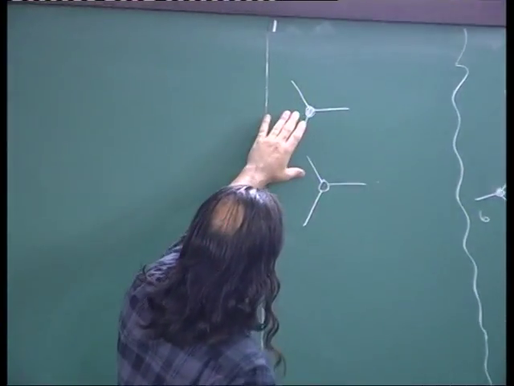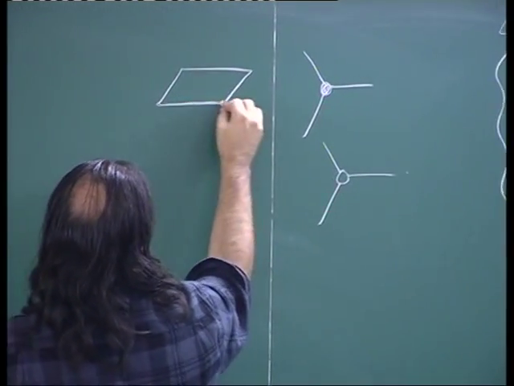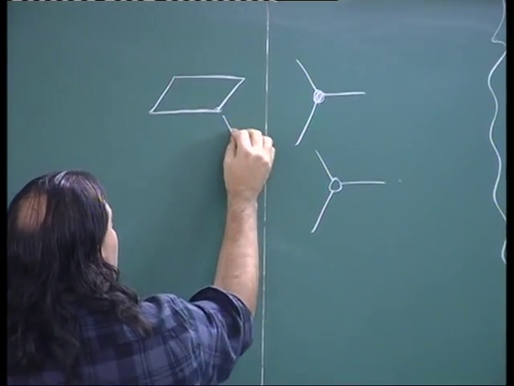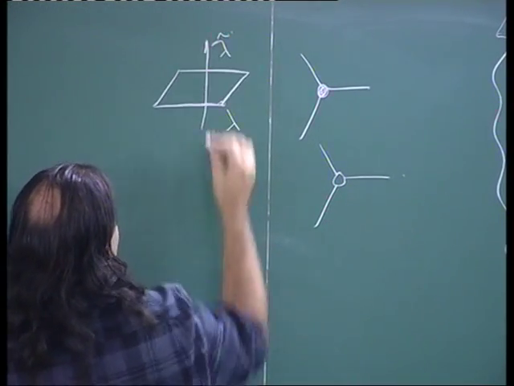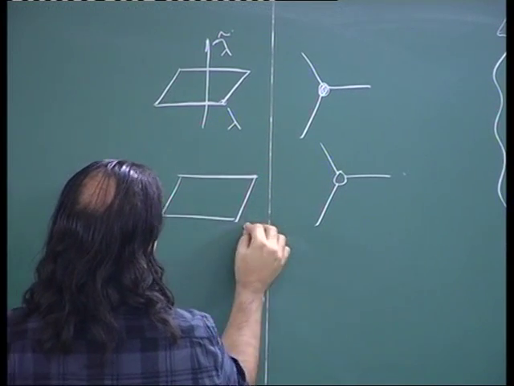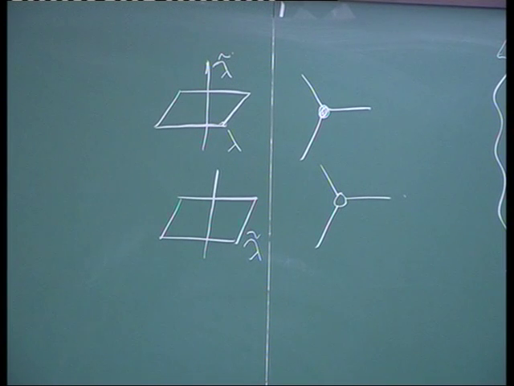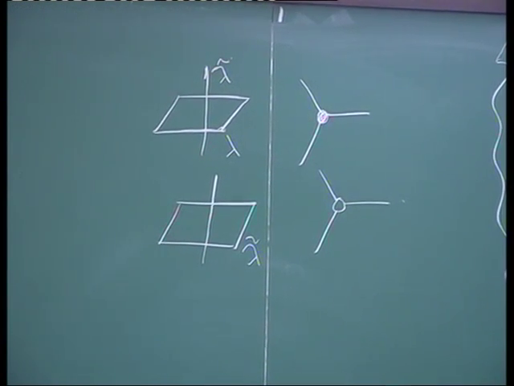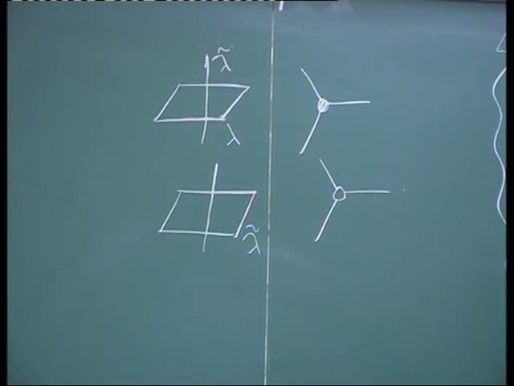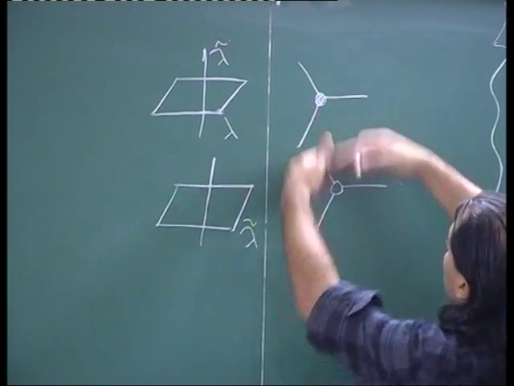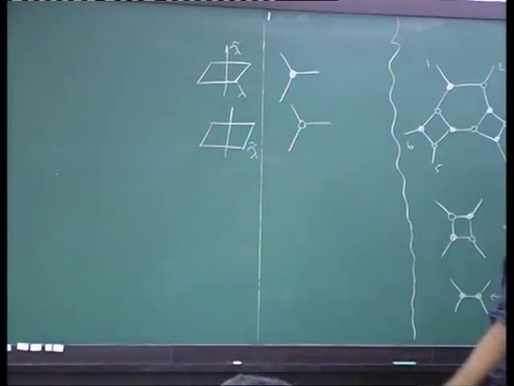But the geometry of momentum conservation for three particles is such that either the lambdas are all parallel and the lambda tildes are generic, or the other way around. And there's two kinds of configurations we can have for three particles on shell.